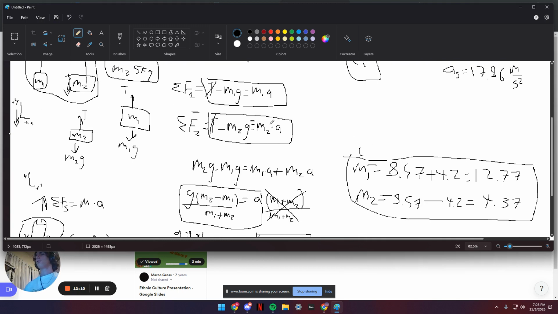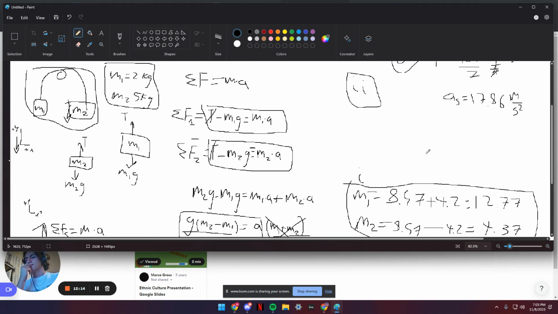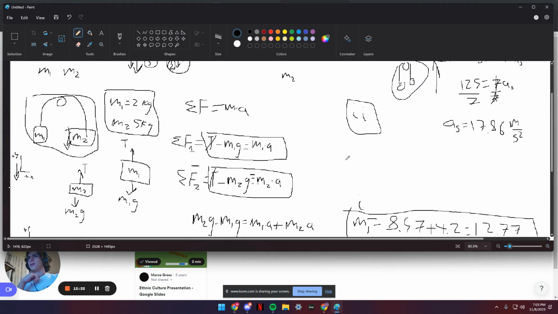And we think about this section the same way as the last section, where we just add the accelerations of the masses and the system, because the system is moving at a certain rate and then the masses are moving inside of that system at a certain rate.